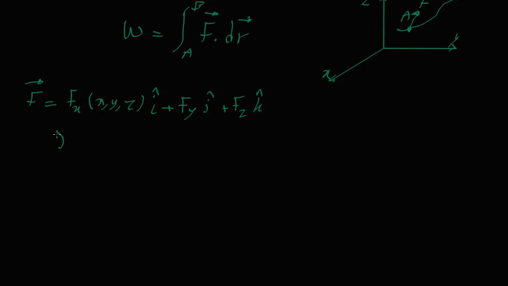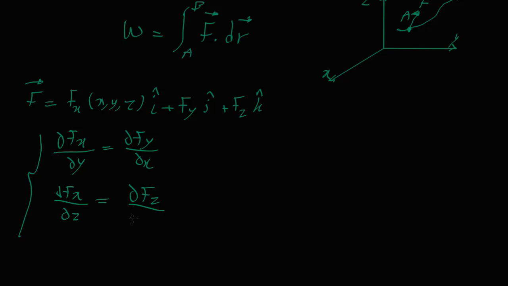We calculate the partial derivative of fx with respect to y and check whether it equals the partial derivative of fy with respect to x. We had three equations here: the partial derivative of fx with respect to z and of fz with respect to x, and the partial derivative of fy with respect to z and of fz with respect to y.